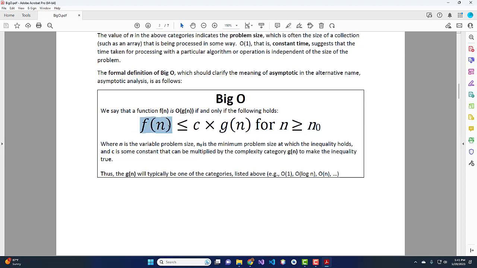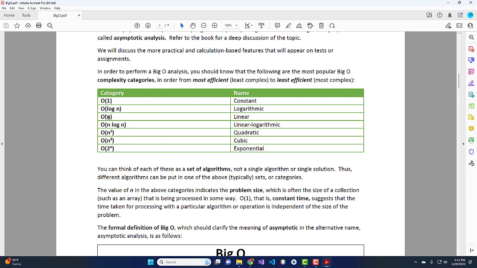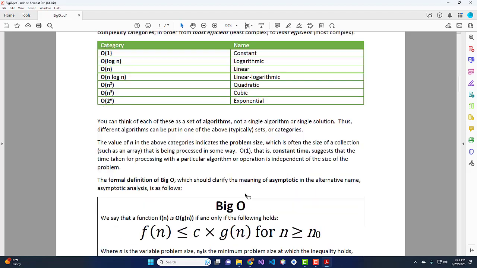Okay, f of n is less than or equal to c times g of n, with some constant scaling the thing in the parentheses. It could be 1, or it could be 3 or 5 or 7.8. So if it was linear, for example, you would have something like 2n or 5n or 7.5n, or what have you. That's the c in front of that n.